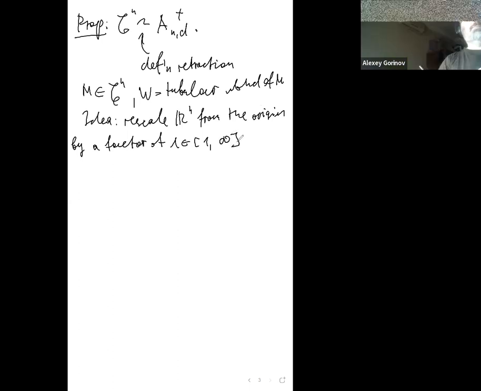We rescale Rn from the origin by a factor of lambda, which is a real number greater than or equal to 1 or infinity.